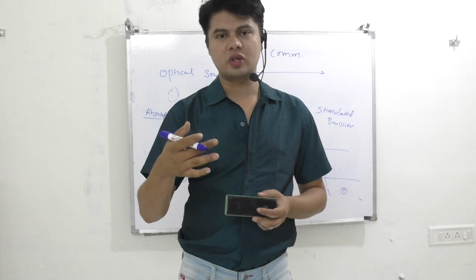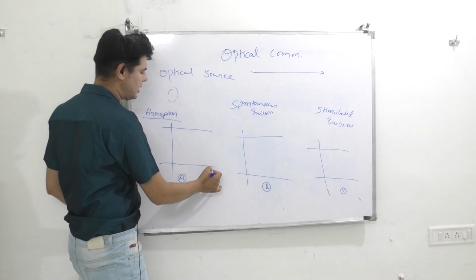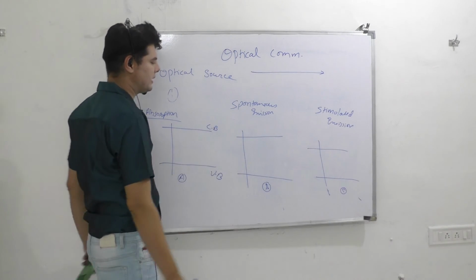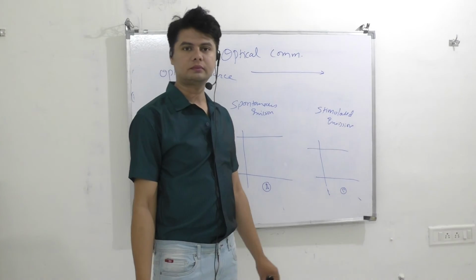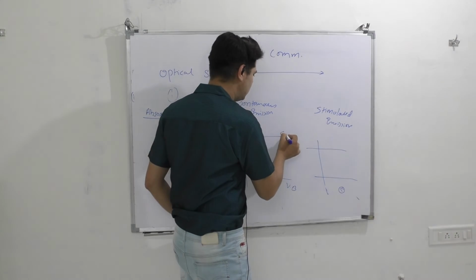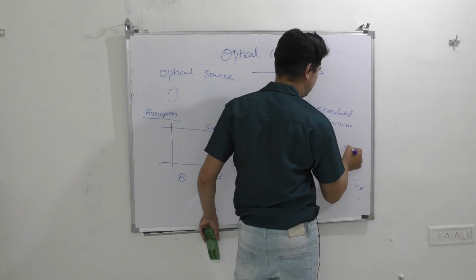In short, I am representing the two states of an electron: the VB, valence band, and the conduction band.